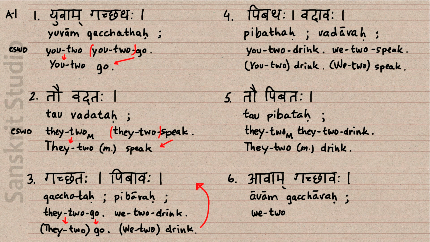But they two is always gendered, either masculine, feminine, or neuter. Okay, but we two, what are we doing? We are gachati, and that seems to fit well because gachavaha, that's first person. So we two go.